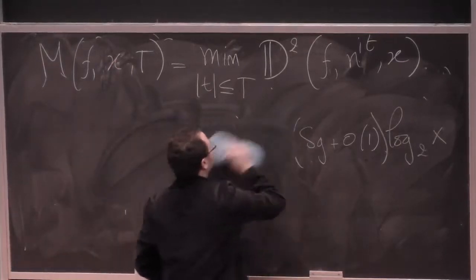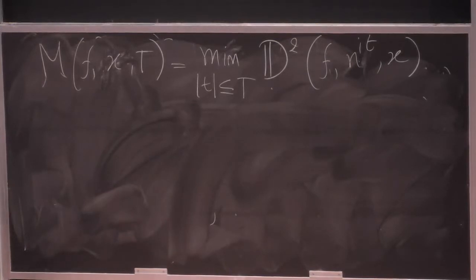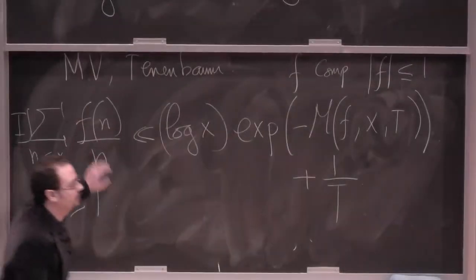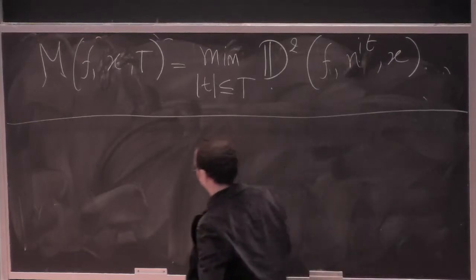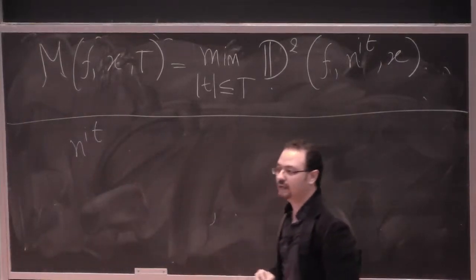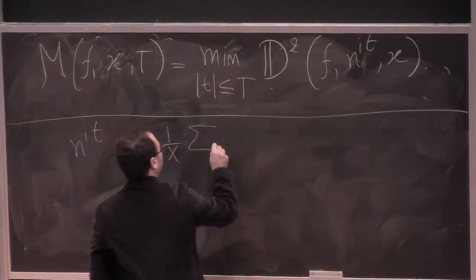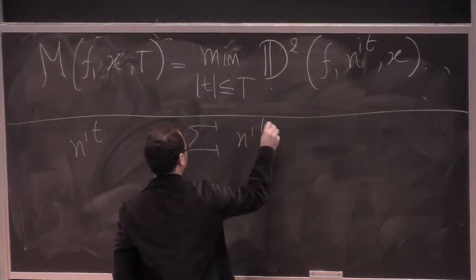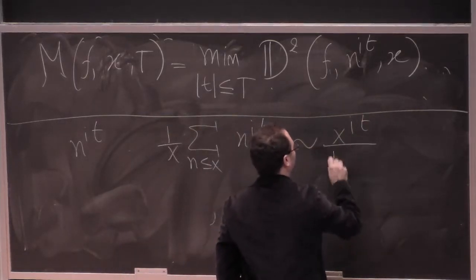So in the normal Halász's theorem, this is really what measures the way that the mean value is large or small. Okay? So in the usual Halász, for mean values of multiplicative functions, if you think of n^it, for example, then n^it has a large mean value. So 1 over x sum of n^it is large. So this is x^it over 1 plus it.